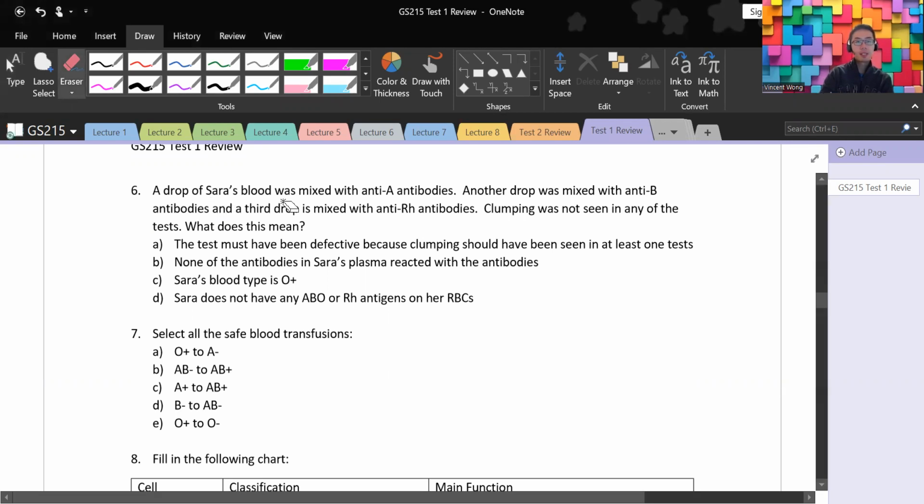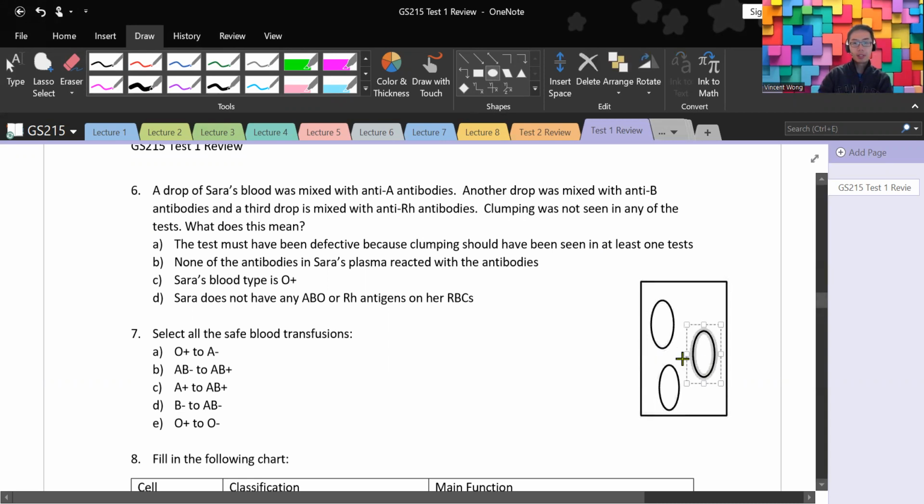A drop of Sarah's blood was mixed with anti-A antibodies. So basically, if you think about what you saw in the lab, there are basically 3 wells here. There is anti-A here, anti-B, and then anti-Rh.